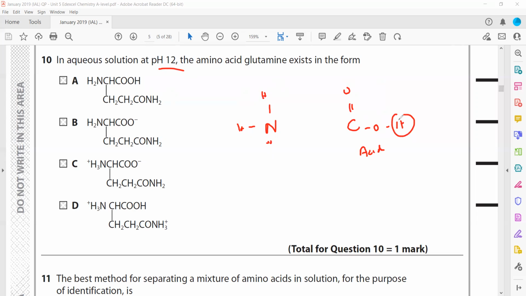The acidic part will react. When the acidic part reacts, it will lose its proton, so this will only get a negative charge. In neutral solution, the same proton lost by the acid is attached to the amine group. But because they're asking for pH 12, it means alkaline. So in alkaline condition, most of them, the C double bonded with O, will be ions because they lose the proton. So B will be the right answer.